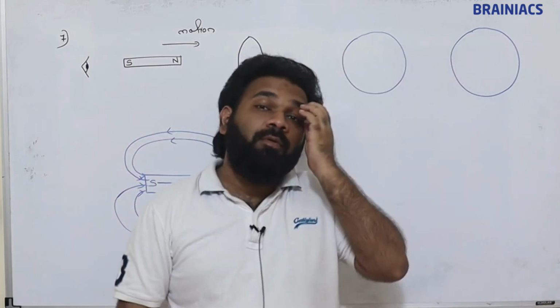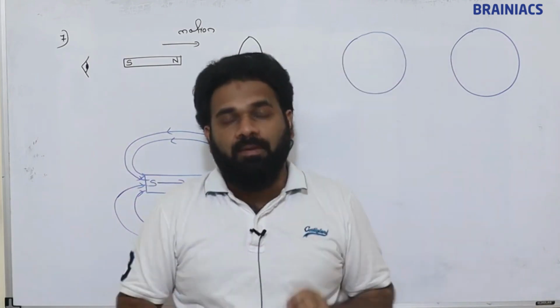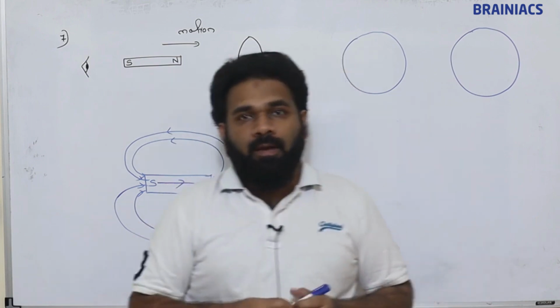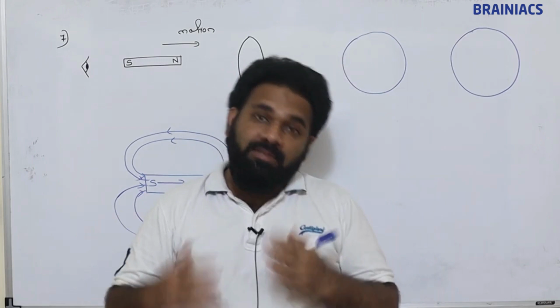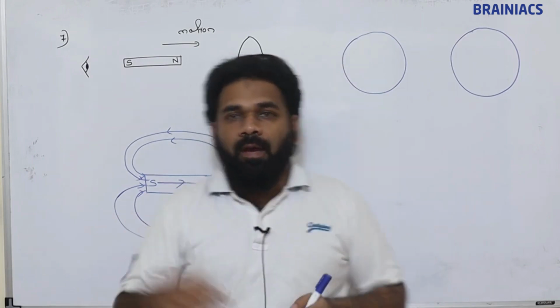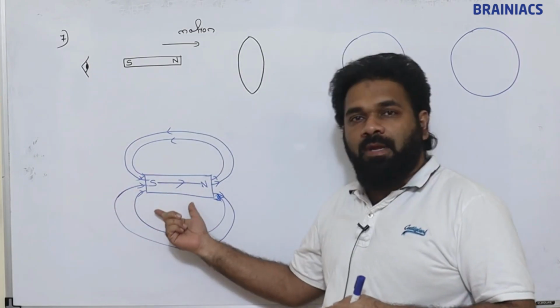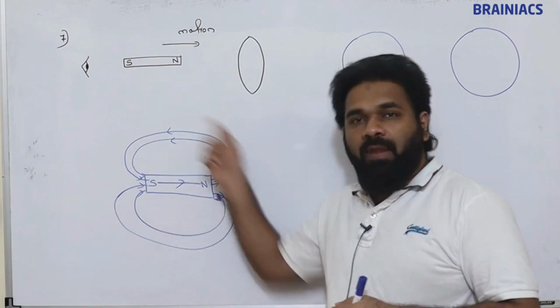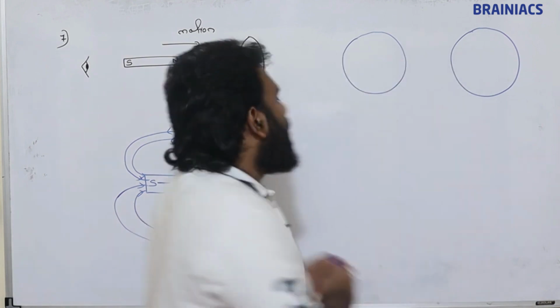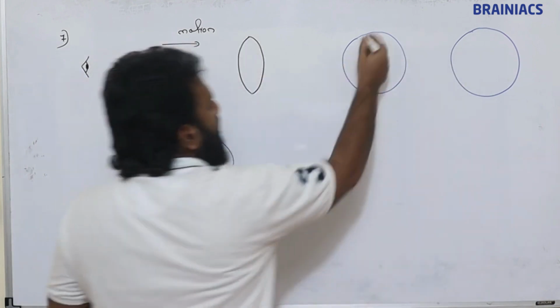So in moving charges and magnetism, we learned the direction of electric current and its associated magnetic field, and in a bar magnet, how magnetic field lines are moving, all these things we know. Now let's look here.